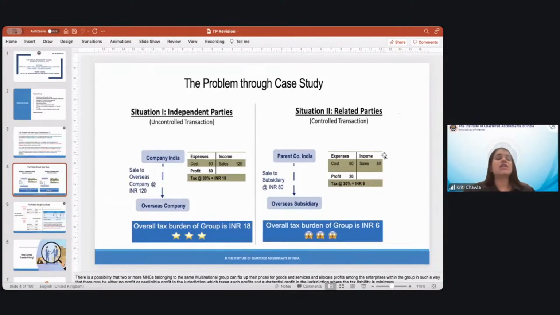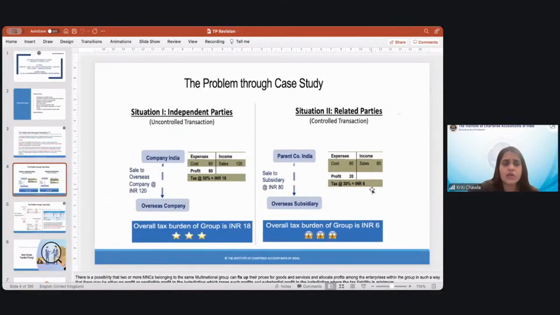What is the benefit? The benefit is that now profit comes down to 20 rupees, and accordingly tax at the rate of 30% on 20 becomes 6 rupees. So in this particular situation, tax is 6 rupees. Now, how did they avoid tax? Tax should have been 18 rupees, but now in the related party situation, tax is 6 rupees.